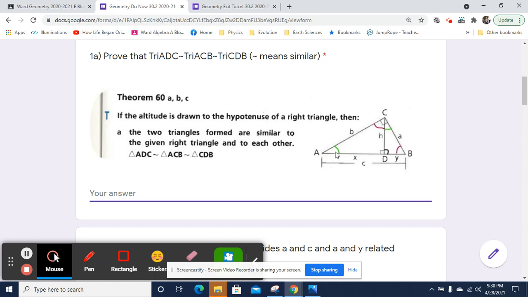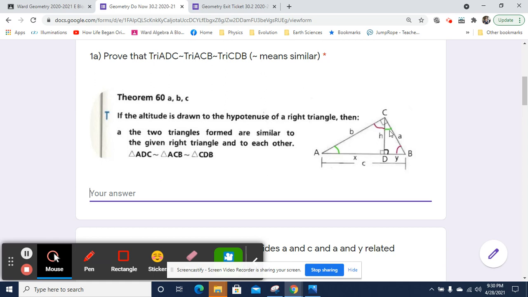Now, this angle here is part of this right triangle. And so because this is 90 degrees, this angle is complementary to this one. And if this angle is complementary to this one, and this angle is complementary to the same angle, then those two angles which are complementary to this angle are congruent.